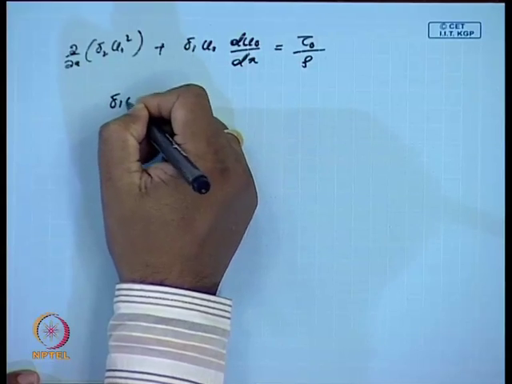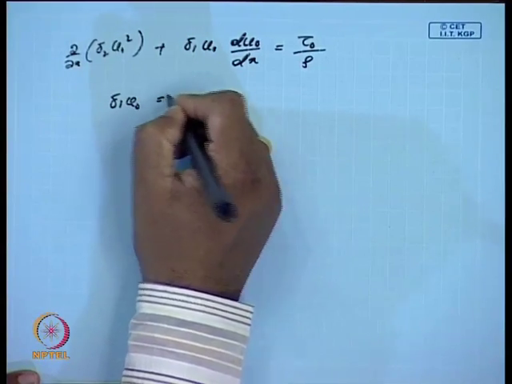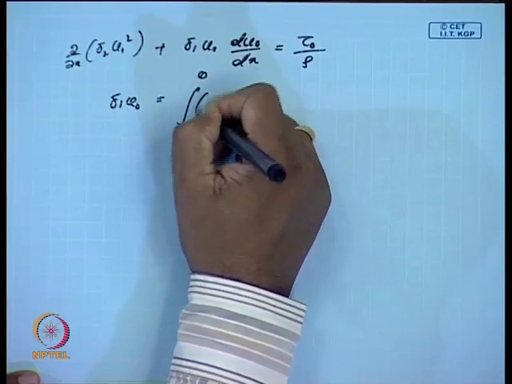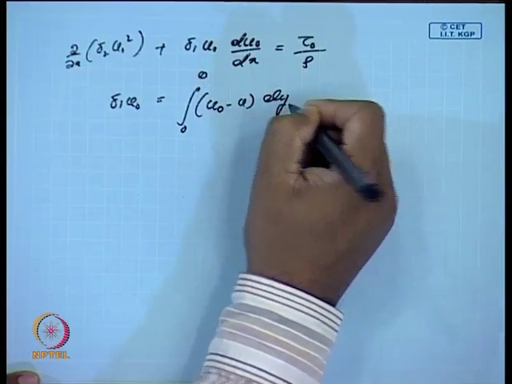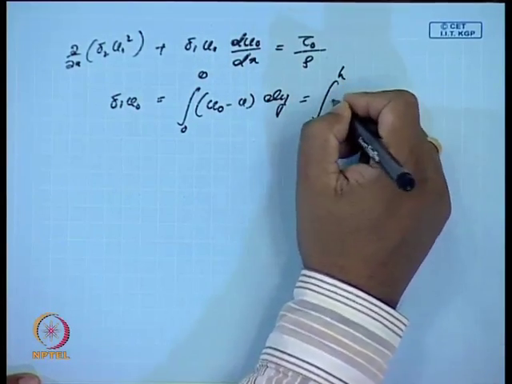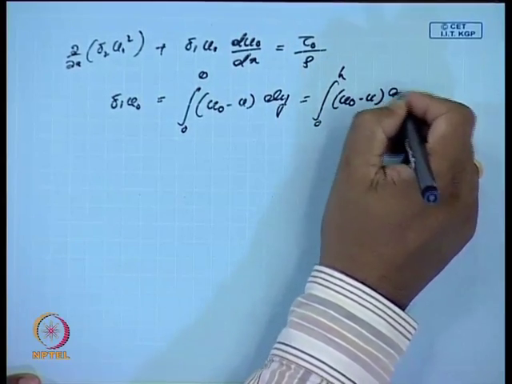δ1 u0 is equal to the integral from 0 to infinity of (u0 minus u) dy, and that is nothing but the integral from 0 to h of (u0 minus u) dy.